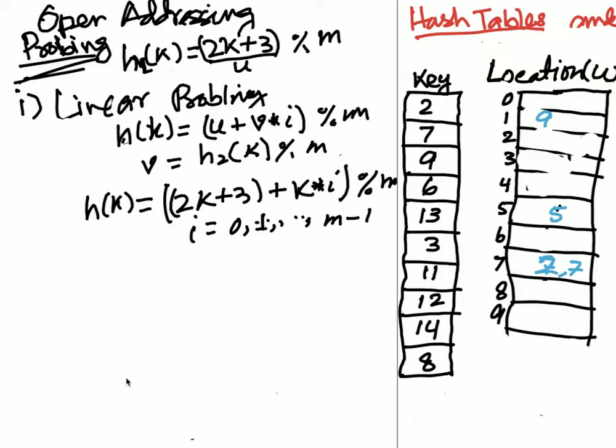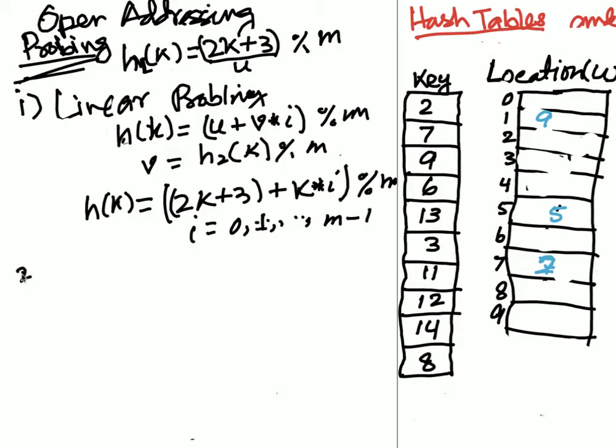Our goal is to use the unused space and avoid using a complicated data structure like a linked list. Now let us see what will happen for the keys 2 and 7, where we were getting a problem.